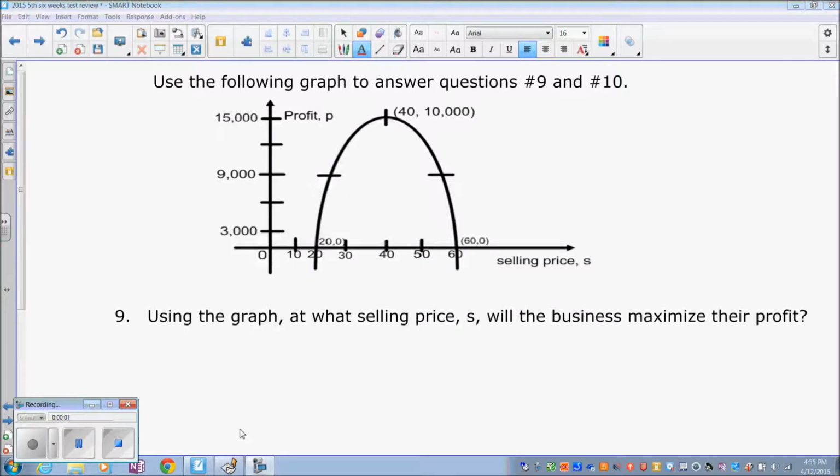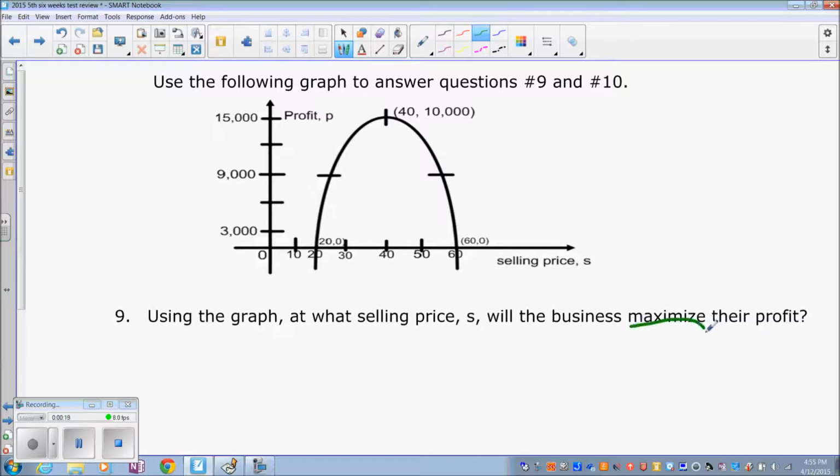Number 9, it says use the following graph to answer both questions 9 and 10. So number 9 says use the graph, at what selling price S will the business maximize their profit? So when I hear maximize, this word right here, I'm automatically going to think vertex, because maximize is talking about their highest point.